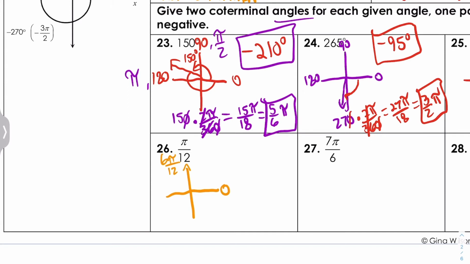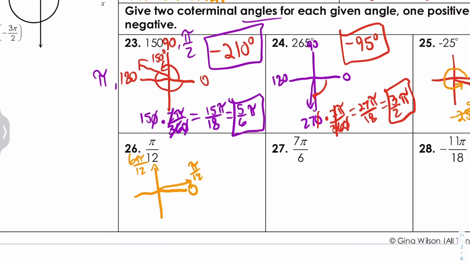And we're going a single pi over 12, so this angle is 1/6 of the way to 6 pi over 12. So for radians, you just have to be good with proportions and changing your fractions, which you might need to practice.